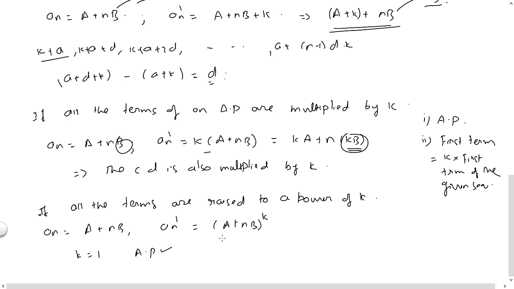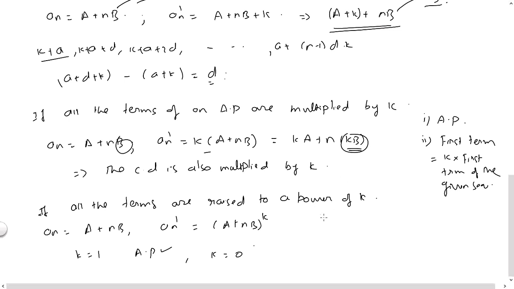Basically what we are doing is raising each term to the power of 1, which means it remains the same. Any other case? If k is equal to 0, then all the terms of the resulting sequence will remain the same. If all the terms of a particular sequence are the same, can we say they are in arithmetic progression?